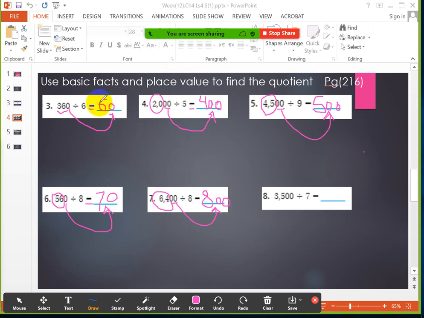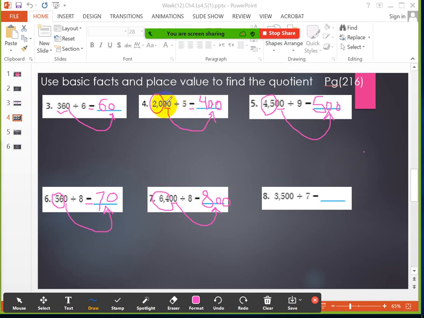Look, when we divide a 1,000 number, that means the number has 4 digits, okay? And we have to divide the number by a 1 digit number.